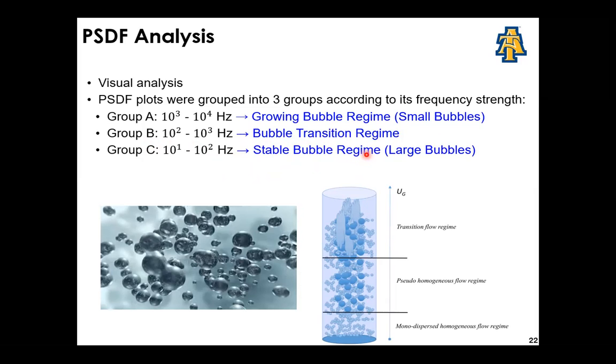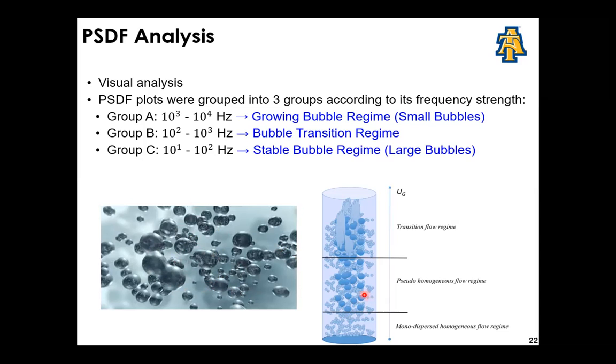Then group C had frequencies between 10 to 100 hertz. The representation below shows the stable bubble regime, where large bubbles are predominant.